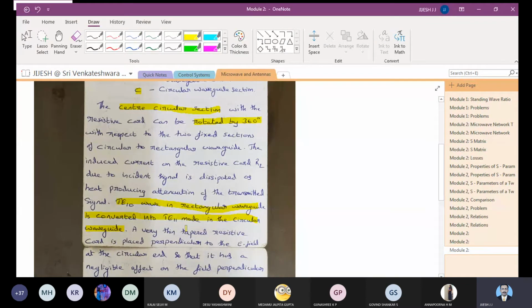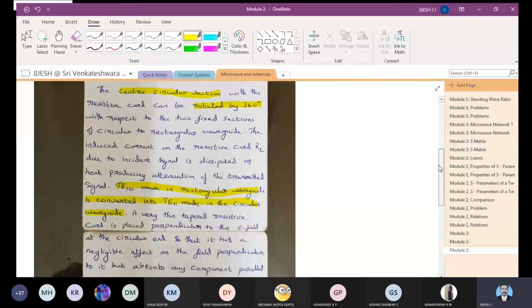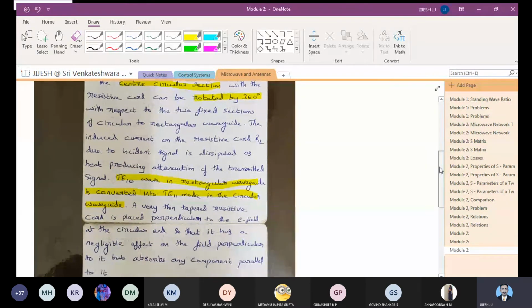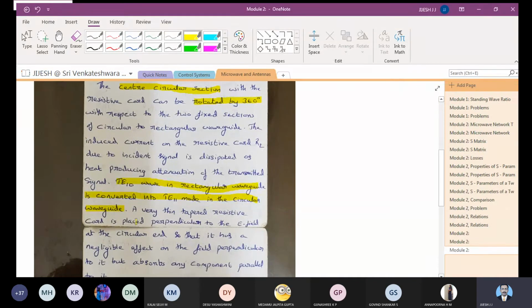This full line till here is also important. This is very important: it absorbs any component parallel.